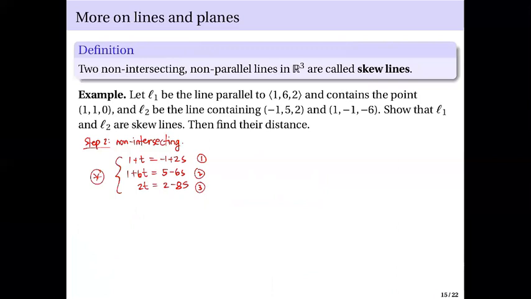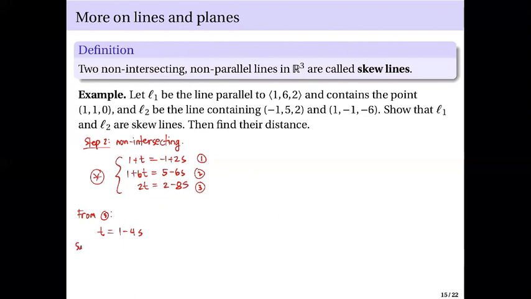And then let's use equation 3. We write t in terms of the s. So from 3, t is simply, so we divide everything by 2, we have 1 minus 4s. Okay? Then let's substitute this t in equation 1.